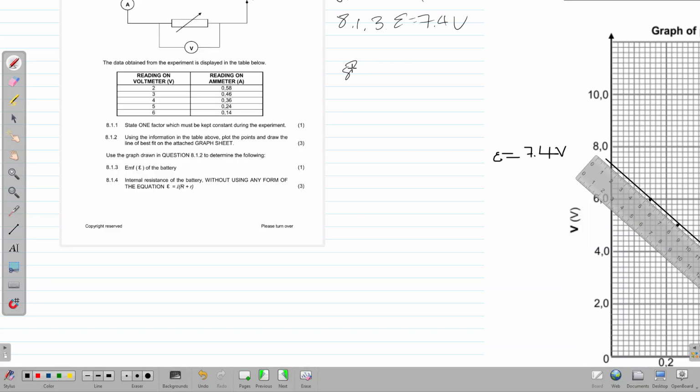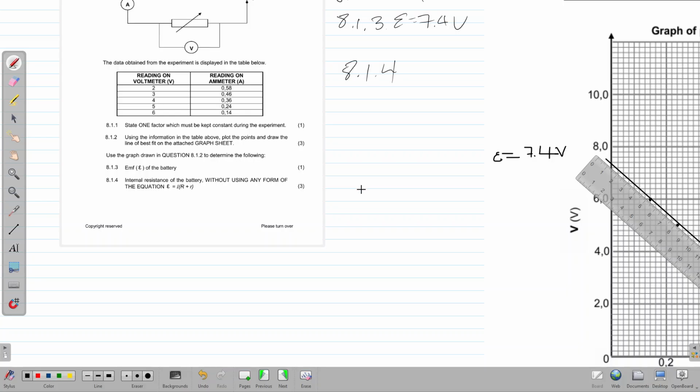And then we do 8.1.4. We've determined the EMF using extrapolation: I drew the line of best fit and extended it so that it cuts the y-axis, which is the extrapolation part. Now the internal resistance of a battery, without using this equation in our calculations.